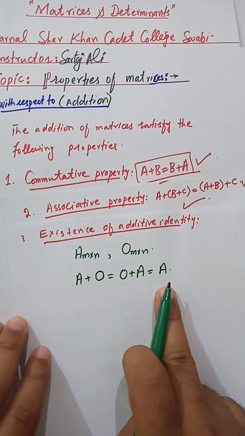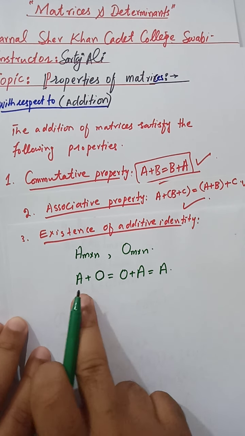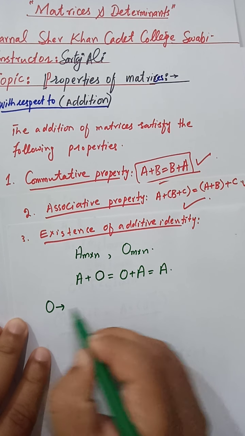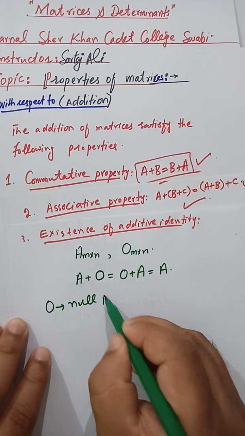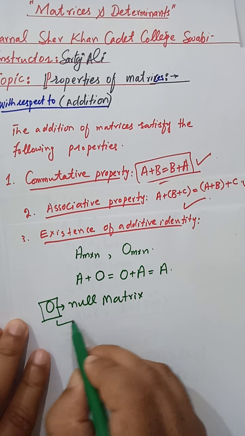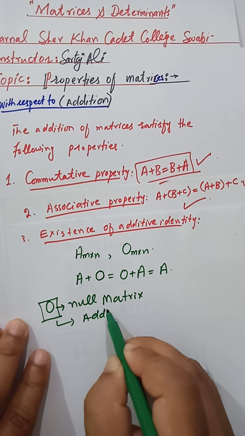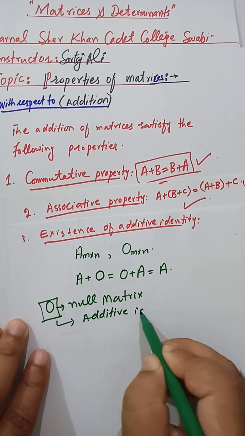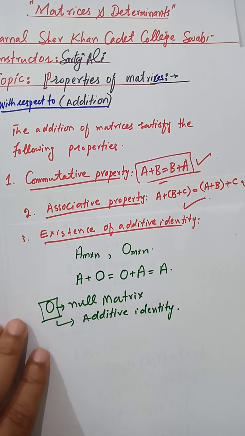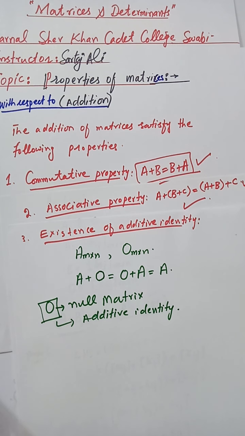So that's why you get A from both additions, and this 0, a null matrix, is the additive identity, and this is unique. Remember, this is the additive identity for all matrices.